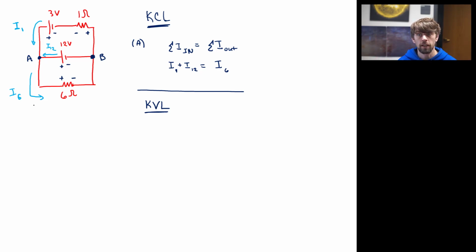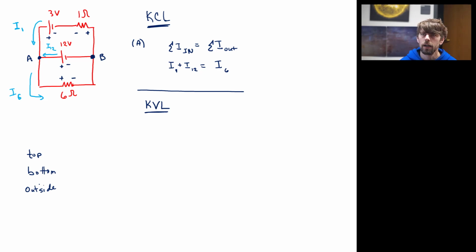You could take the top path. You could take the bottom path. Or you could take, for lack of a better word, the outside. So you have the top, you have the bottom, or you have the entire outside path. And that's it. We just need to choose two of the three.